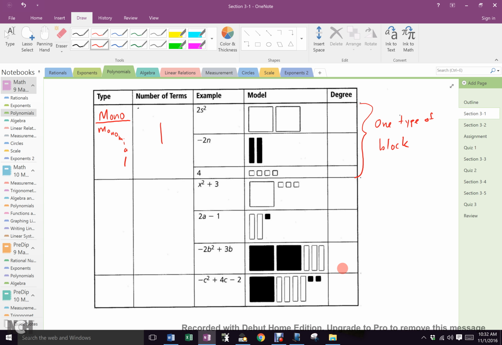Now look in this next section. What do you notice? Two types of blocks. So down here, these guys are two types. What do you think we call one that's two types?